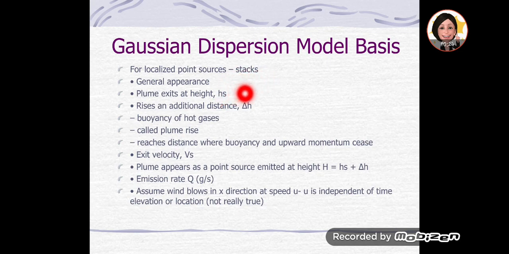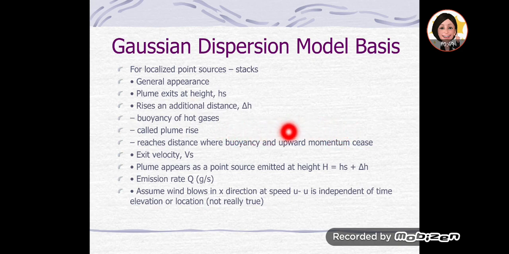And then the exit, at which height? Does it rise to an additional distance? That will depend on the buoyancy of the hot gases, and it's also called plume rise. It reaches a distance where buoyancy and upward momentum cease. So that is the final distance when the momentum ceases.